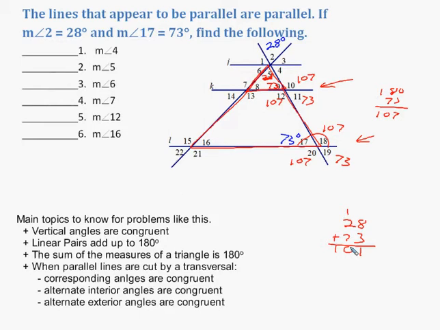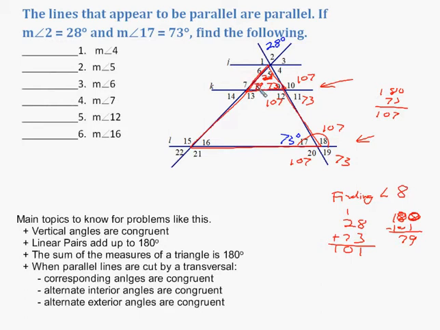And to find angle 8, we're going to subtract that 101 from 180, and we get 79. So angle 8 is 79.